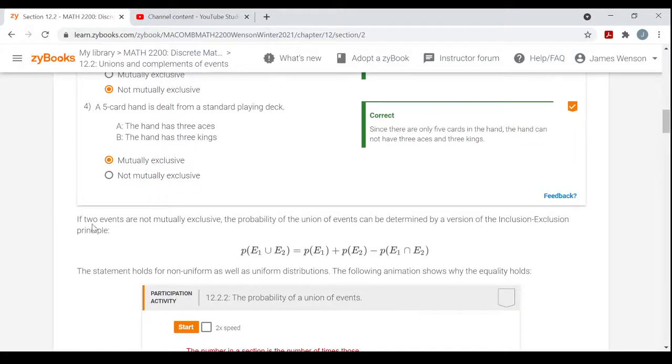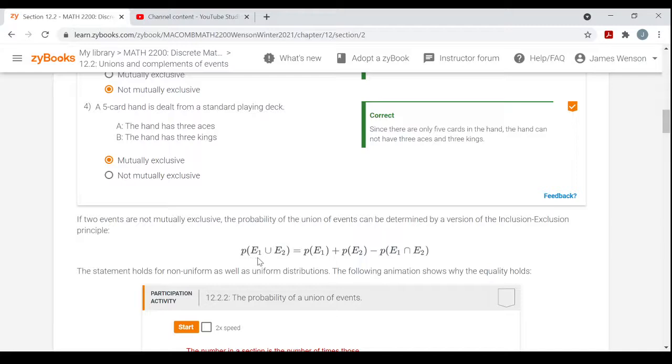All right. Now, if 2 events are not mutually exclusive, the probability of the union of events can be determined by a version of, as I mentioned before, the inclusion-exclusion principle.